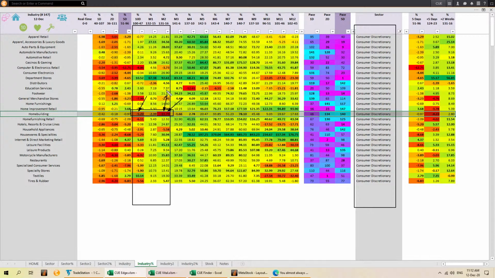Over a 2-month period, the color scheme instantly shows it is the worst performer. Over a 10-day period, it is not the worst performer, because computer electronics retail is a deeper red, and general merchandise stores is also deeper red, but it is one of the worst performers. You can see that from the color coding. Over the last 3 periods, it has relatively improved, but it is still down. The industry is not going up.